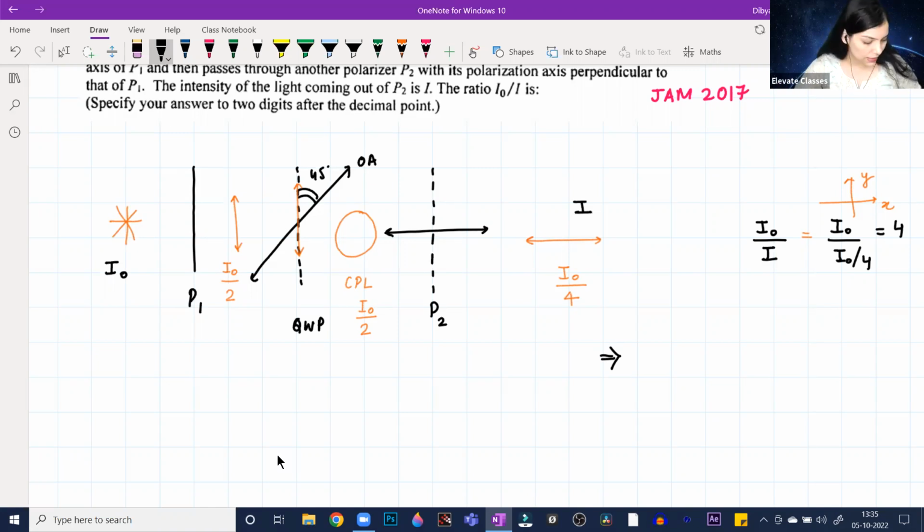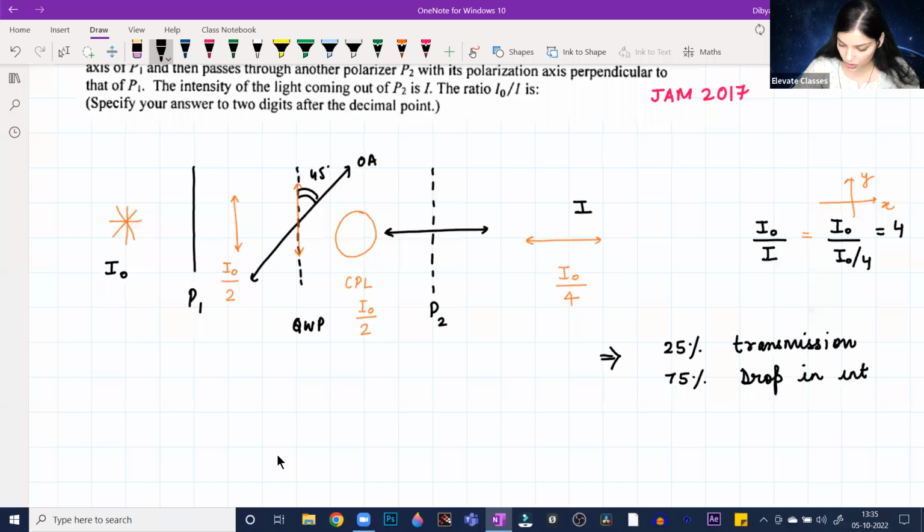So in this sense we can also write 25% transmission, because a question can also come with this wording, and 75% drop in intensity. So the question can also ask you the percentage drop in intensity or how much light was transmitted, like that.